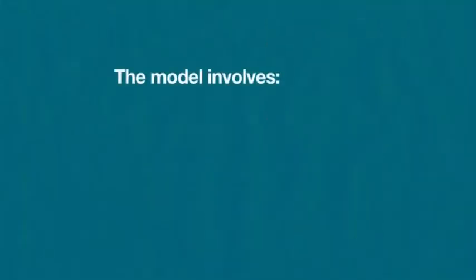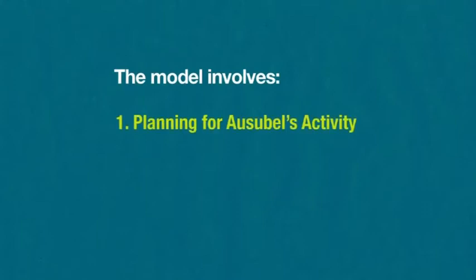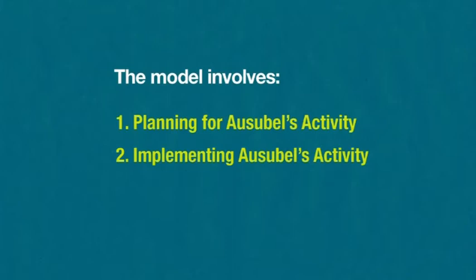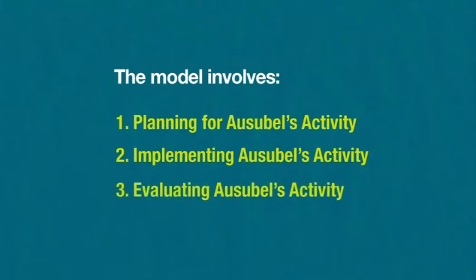The model of teaching developed here is based on Ausubel's ideas about subject matter, cognitive structure, active reception learning, and advanced organizer. The model involves planning for Ausubel activity, implementing Ausubel activity, and evaluating Ausubel activity. These steps will be described by incorporating them in the elements of the basic teaching model.